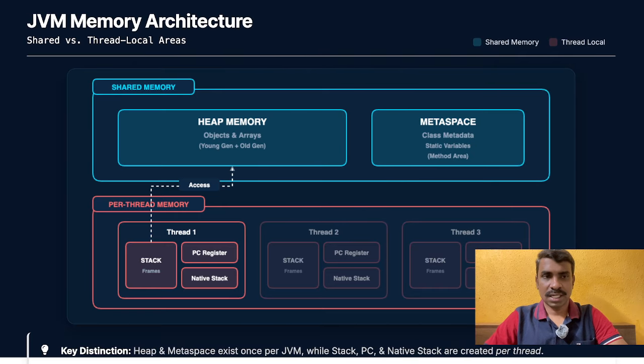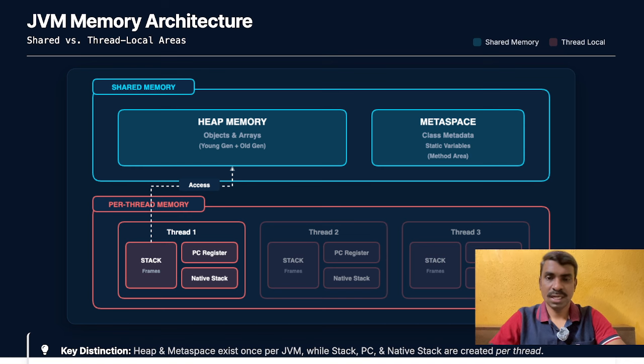So this is the architecture. Here you can see two big blocks, shared memory and thread memory. Shared memory is heap and metaspace. Objects and arrays live in the heap, and metaspace holds class metadata and static variables.